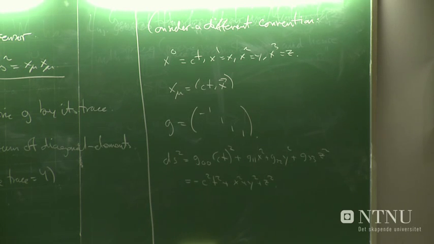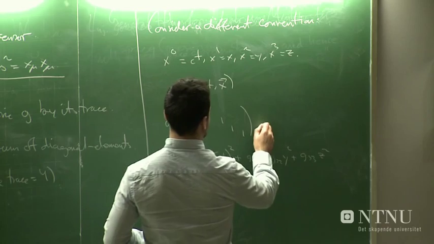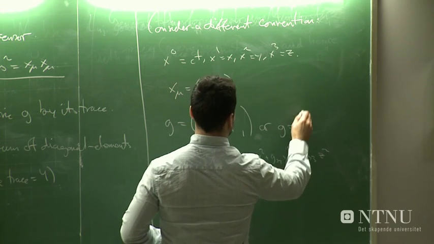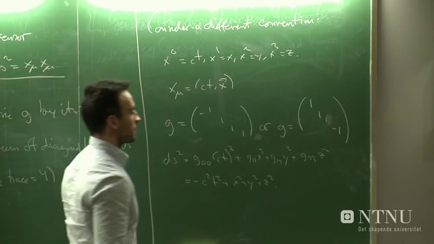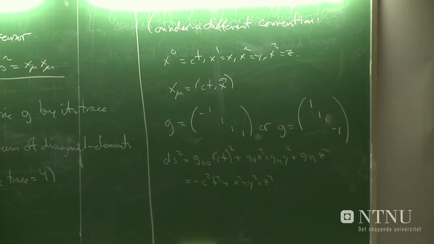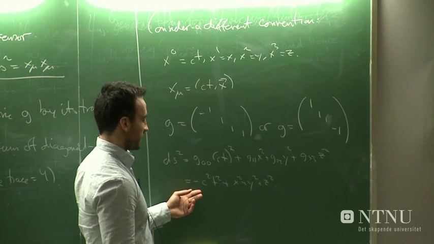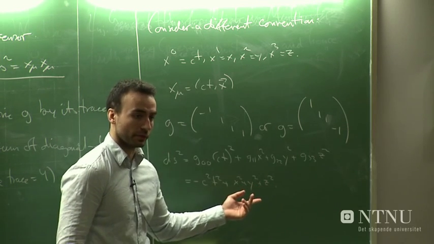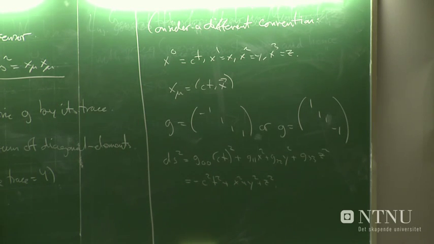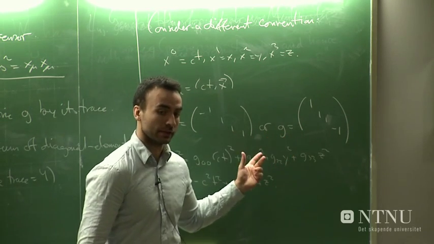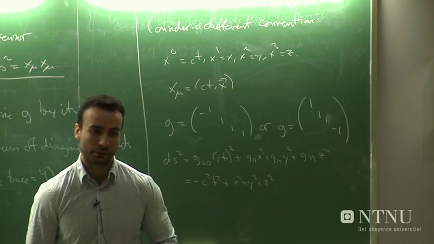Actually, there's one more choice. (1, minus 1). So just by multiplying the metric tensor with an overall minus sign, well, then you would just get c squared t squared minus the norm of the spatial position vector. But ds squared would still be an invariant. It's just an overall minus sign. So both of these choices for the metric tensor will give us an invariant path element in Riemann space.